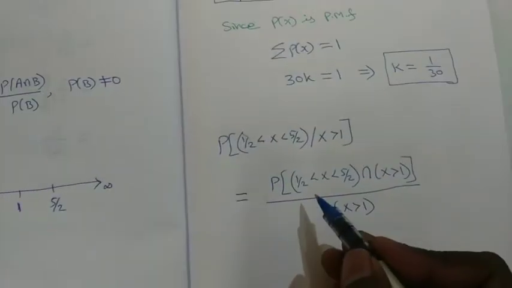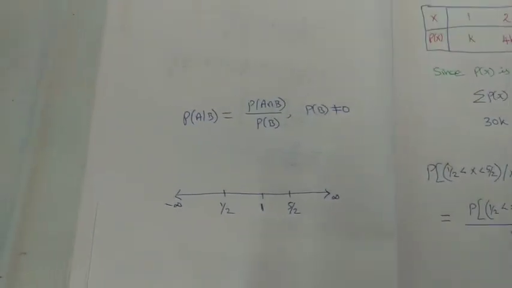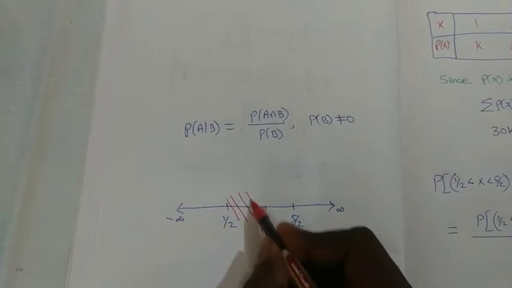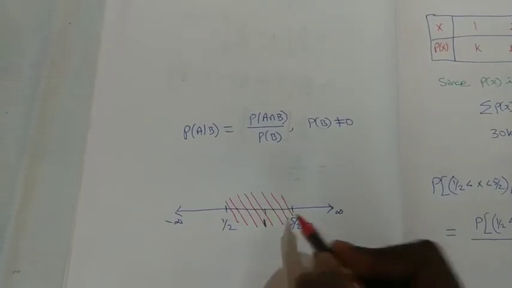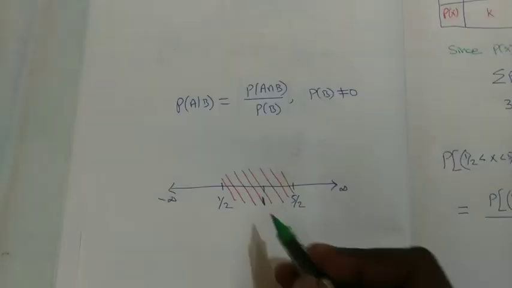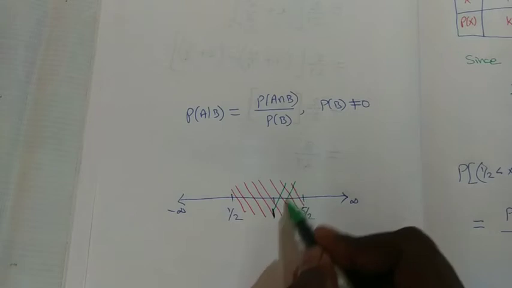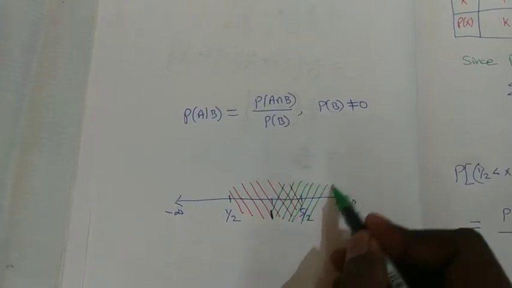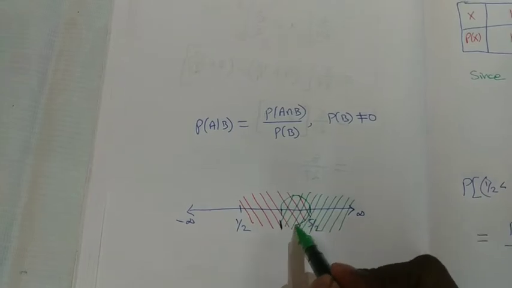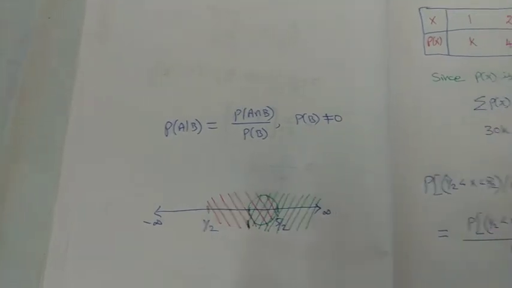The given range is between 1 by 2 to 5 by 2. And the next one is greater than 1. So this is 1, greater than 1 is this, it covers the entire region. Okay, so what is the intersection part? This is the common portion, between 1 to 5 by 2.